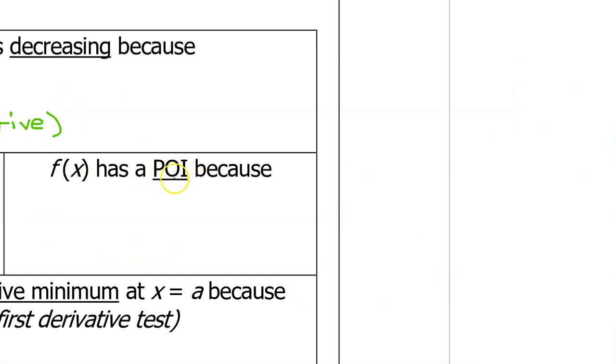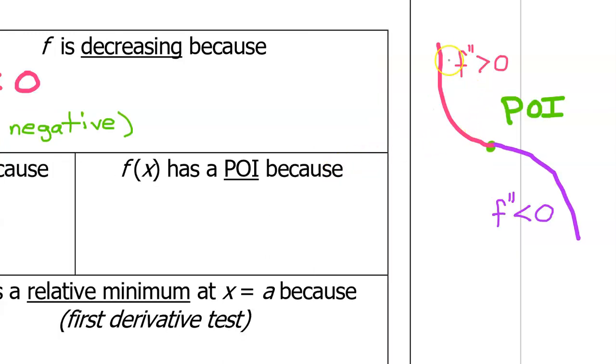POI stands for point of inflection. This is where the function changes concavity. For example, if a function is concave up and then it switches and becomes concave down, the point where it changes from concave up to concave down is the point of inflection. But if the function is going from concave up to concave down, that means that f double prime is going from positive to negative.